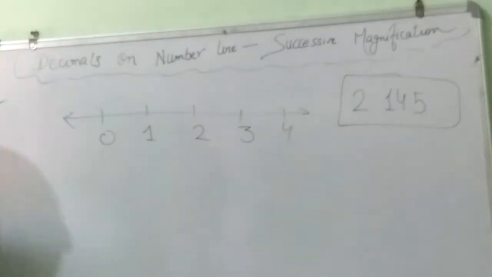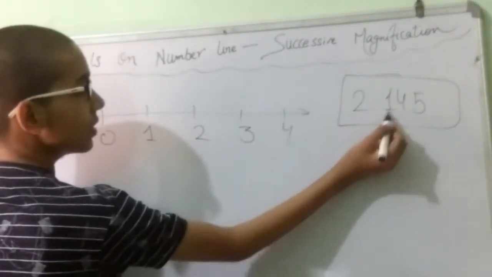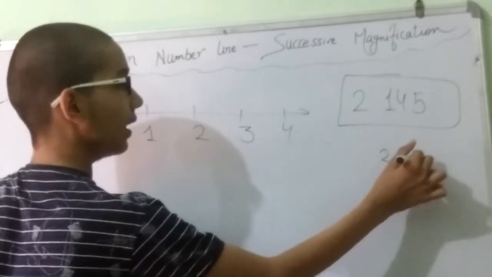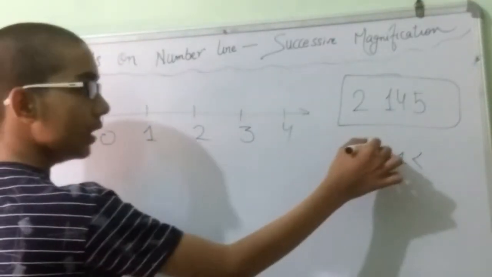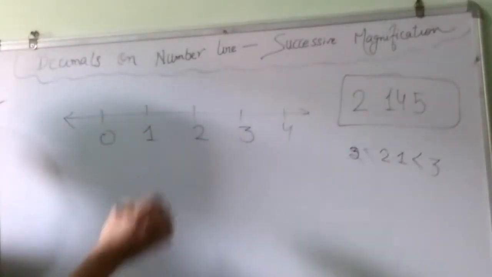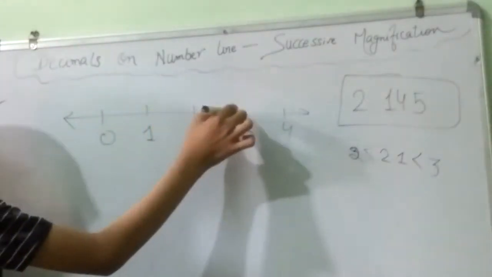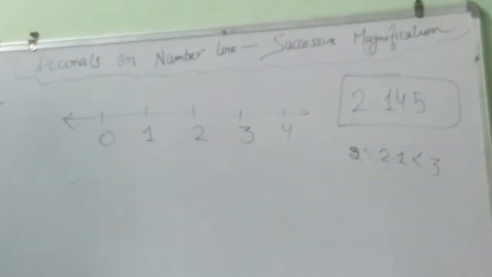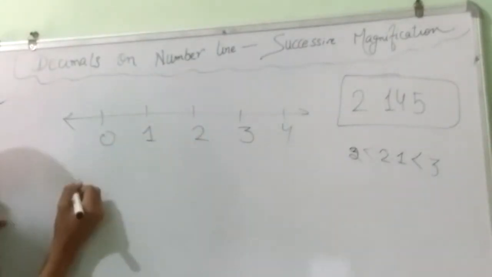Now see, firstly take the first two digits, 2.1. 2.1 will lie between 2 and 3 obviously. Okay. So between these two numbers 2.145 will lie. Now let's make another number line for doing so. How? Let's see.